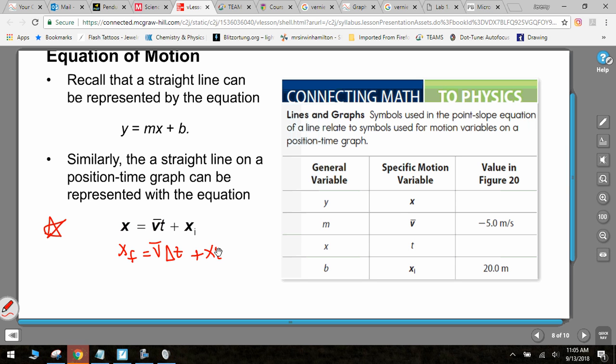Well, the y variable of our graph is position, which is x in physics, right? The slope of our graph is the average velocity, v bar. The x on our graph is time, and the intercept is where it initially was. So that's how we end up using that same thing.